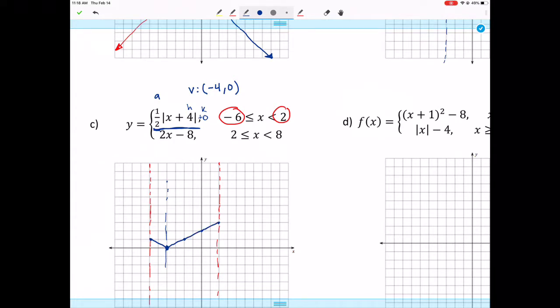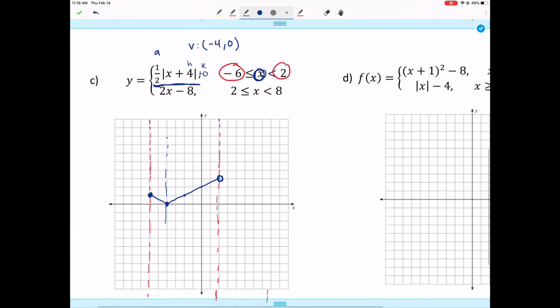On the left side, since it says x is greater than or equal to -6, we would include that point. And then on the right side of our equation, it says x is less than 2, so it does not include that point. All right, so we've got that half done.